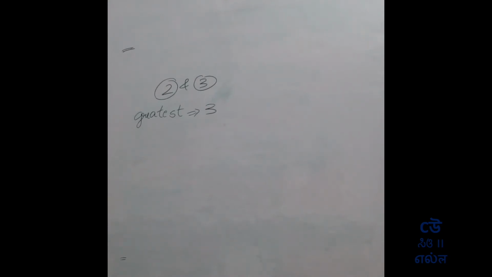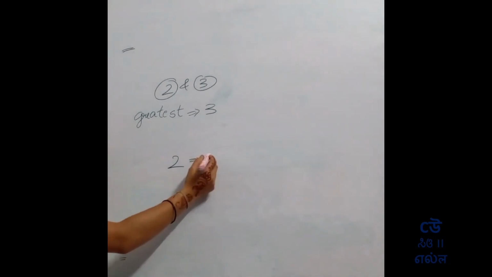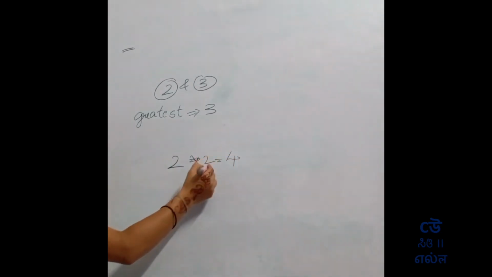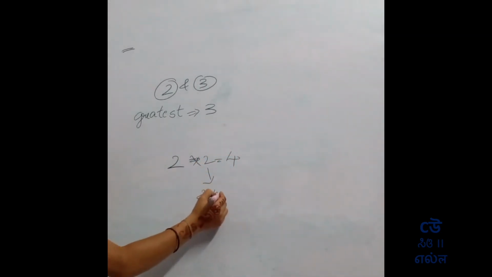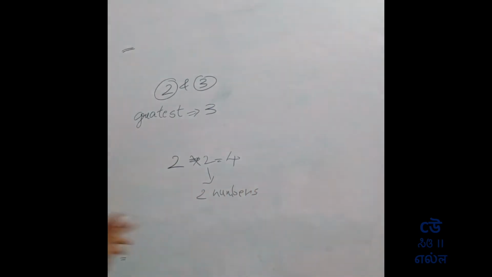How many times can you use these 2 numbers? For example, 2 twos is 4. So the 2 numbers can be used 2 times.